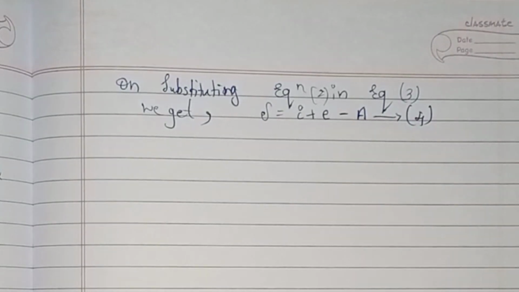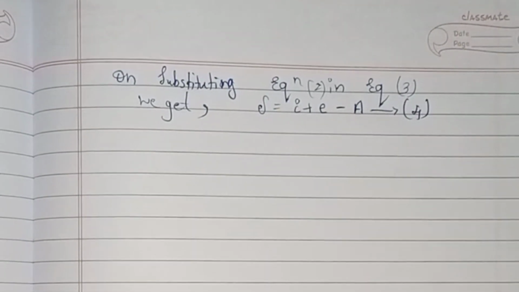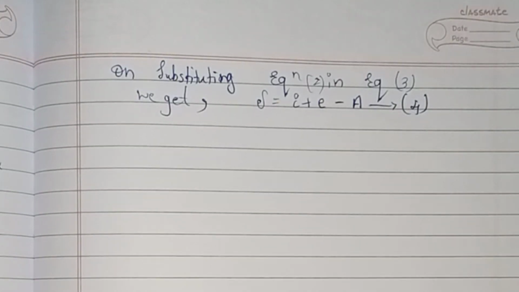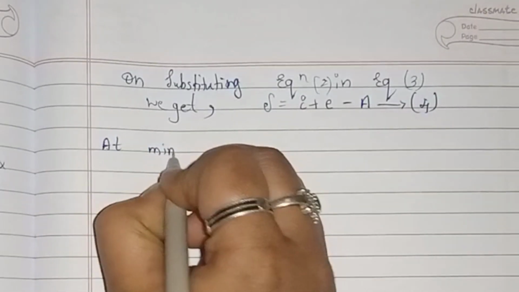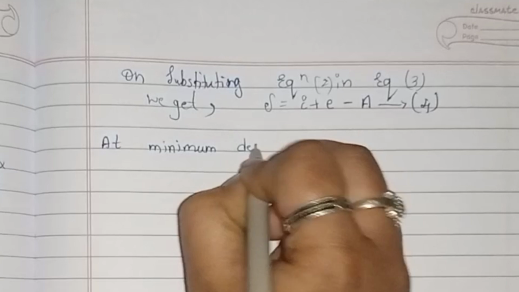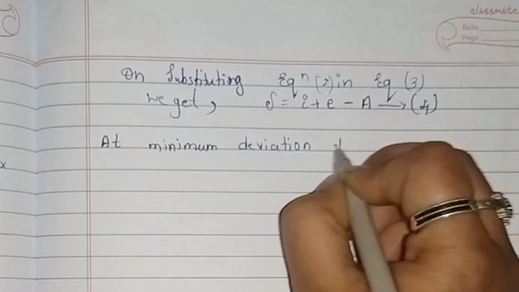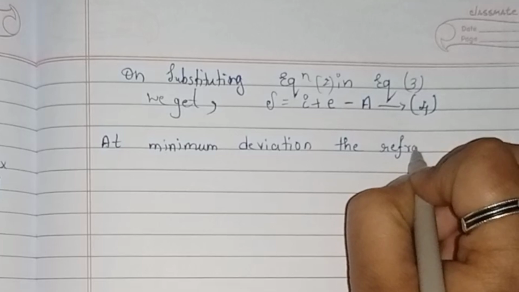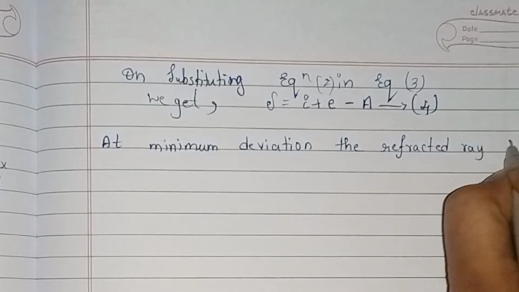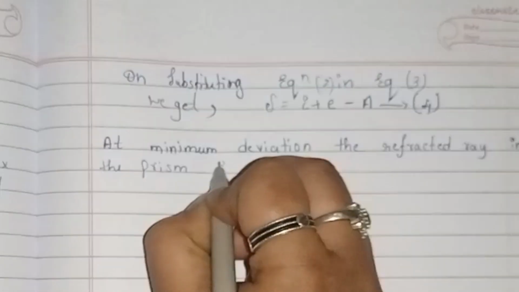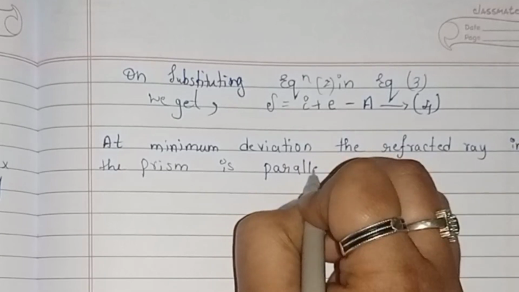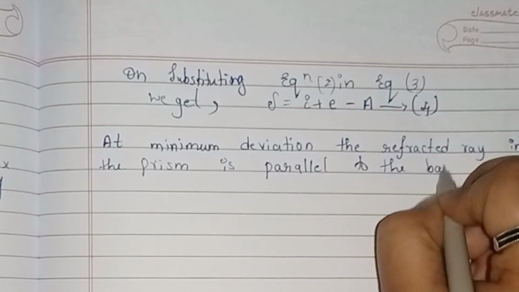And as I have told before, what is the angle of minimum deviation? The angle of incidence and angle of emergence both are equal. Then the refracted ray is parallel to the base of the prism. So we have to write that at minimum deviation, the refracted ray inside the prism is parallel to the base of the prism.